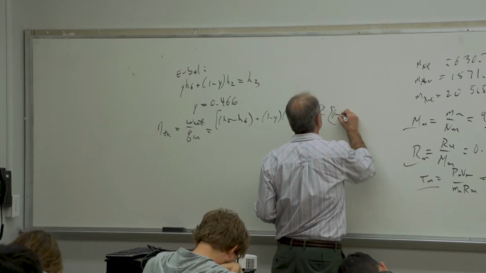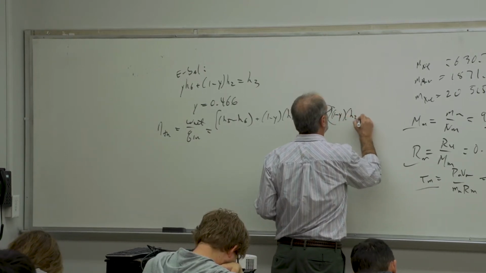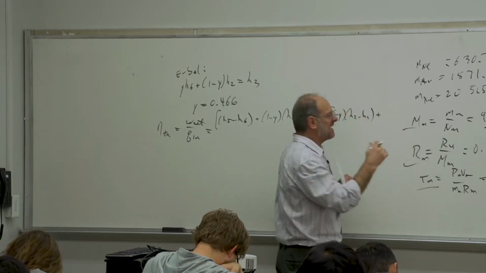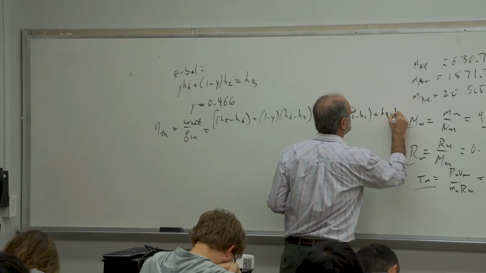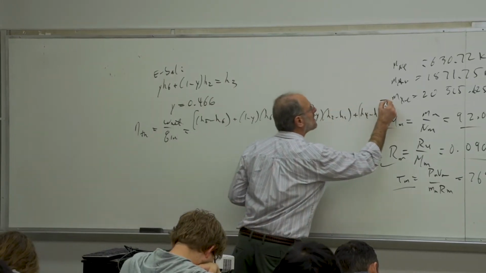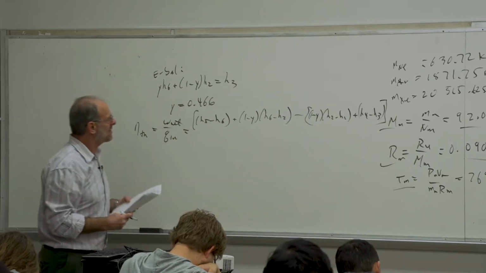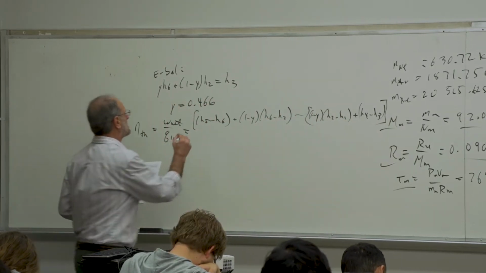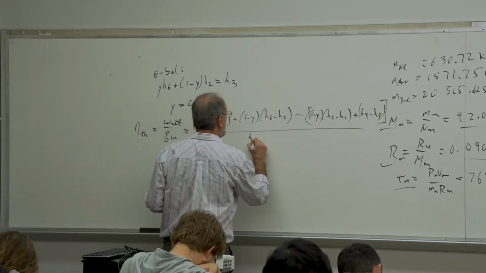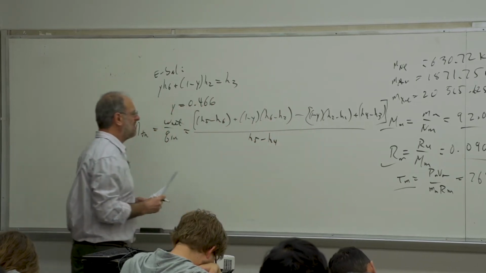So we have the fraction 1 minus y as we go from 1 to 2. And then we combine back in the extraction steam, and we have an h4 minus h3. And this then will be the full flow from 3 to 4. So that's the numerator. And then in the denominator, we only have a single heat input term, h5 minus h4.